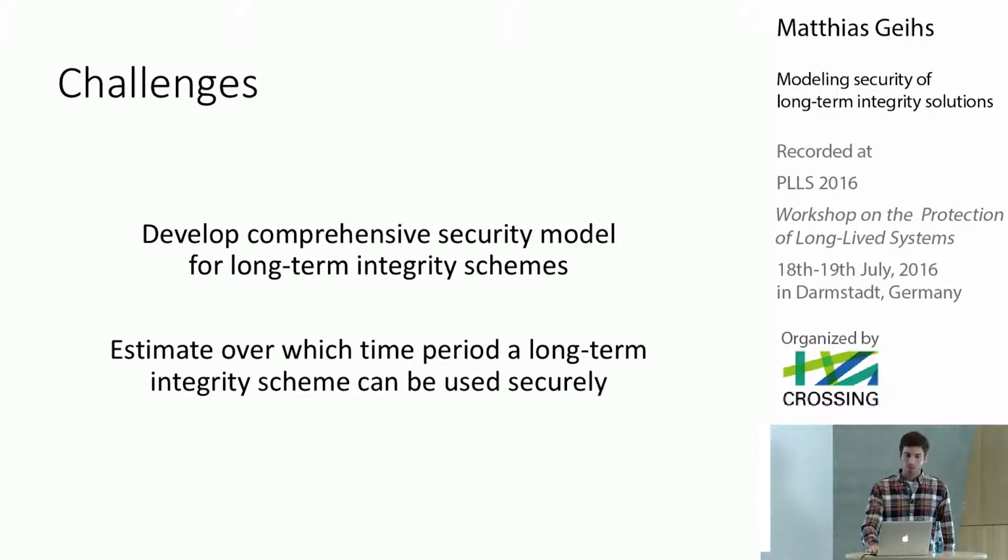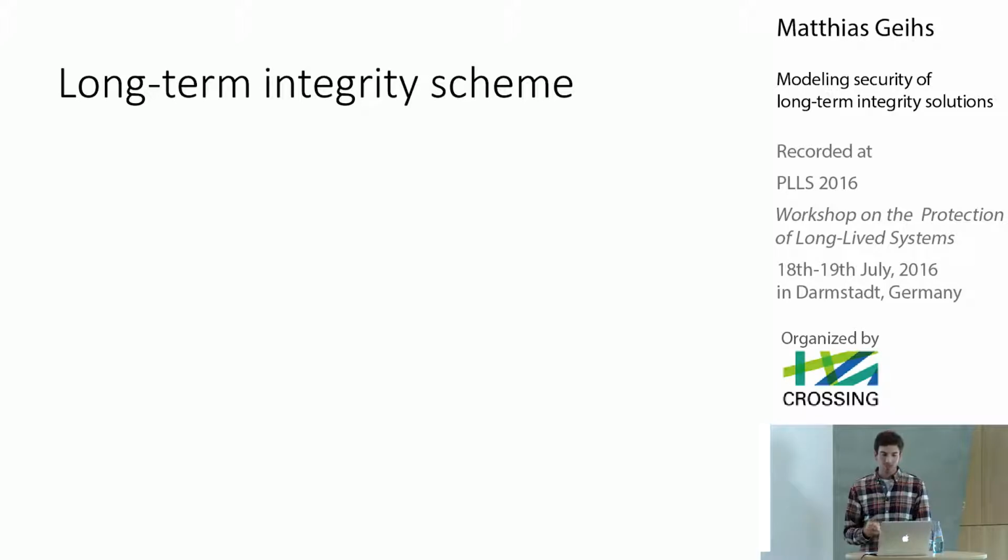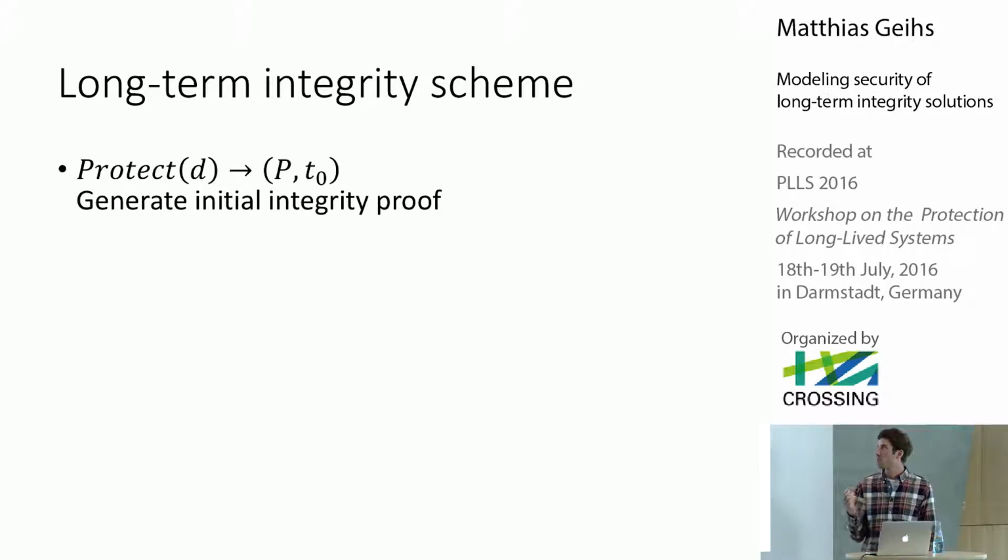So we start basically by formally defining what an integrity scheme is. We think of it as having three algorithms. The first algorithm is protect. It protects the initial document or data object D and outputs an integrity proof at the reference time T0.